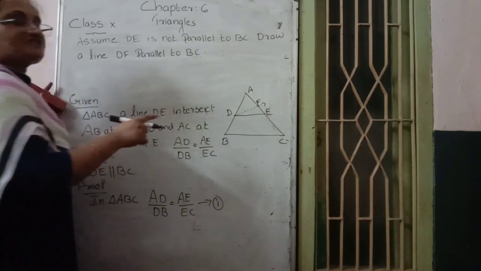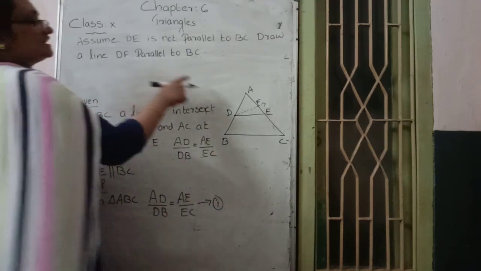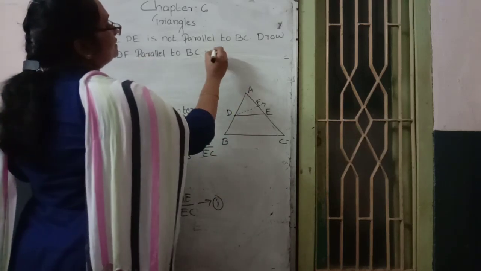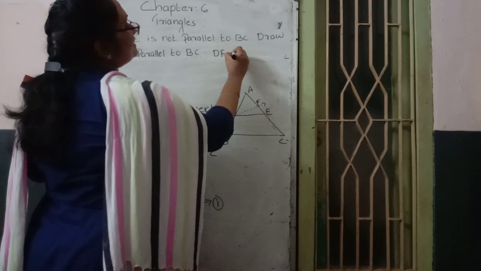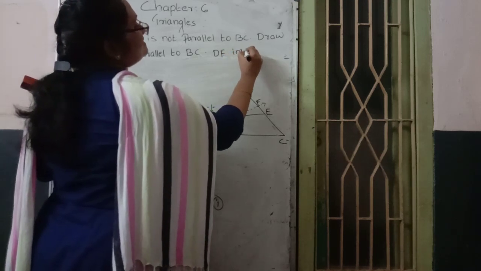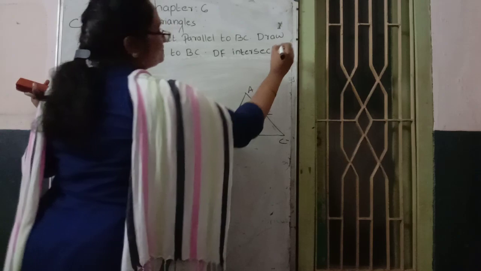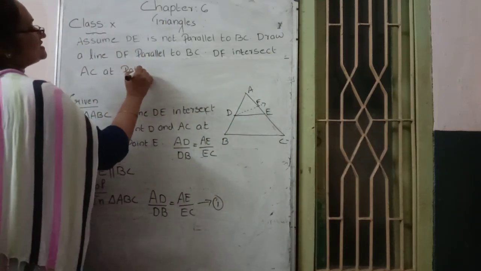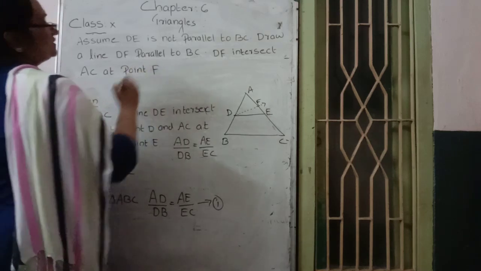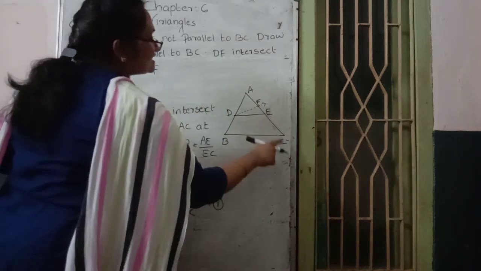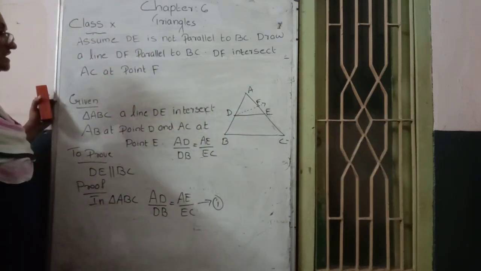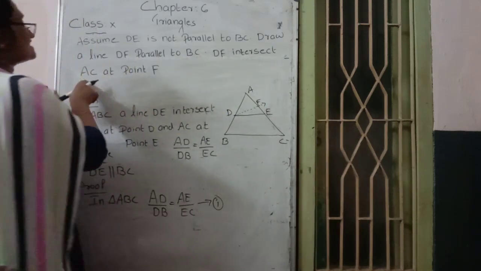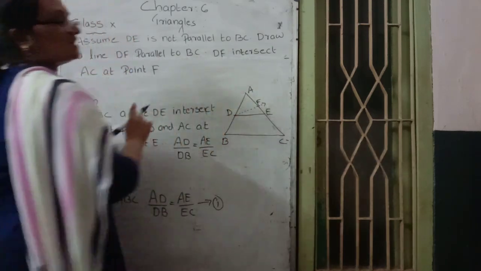F is where it intersects AC. So we can write that line DF intersects AC at point F.